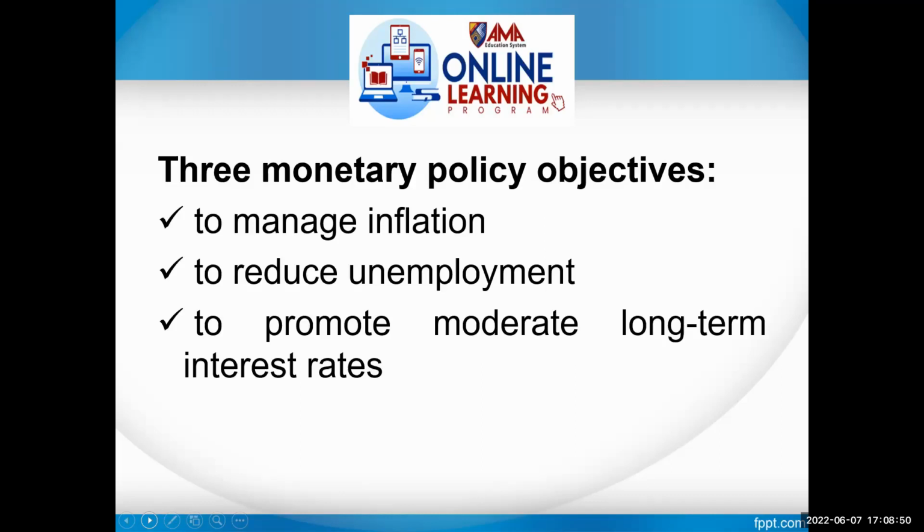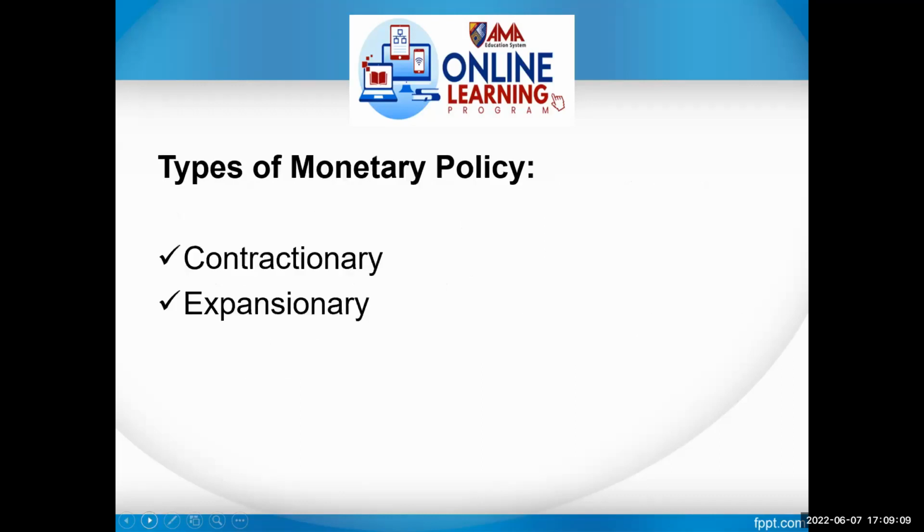To manage inflation so that the unemployment rate will be lessened or reduced, and then to promote long-term interest rates, that is borrowing or lending rates. There are two types of monetary policy, that is contractionary and expansionary.